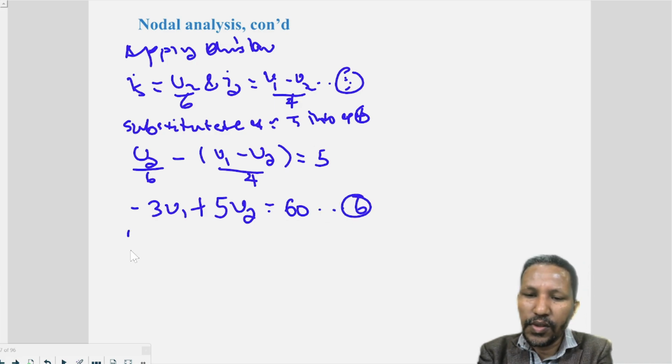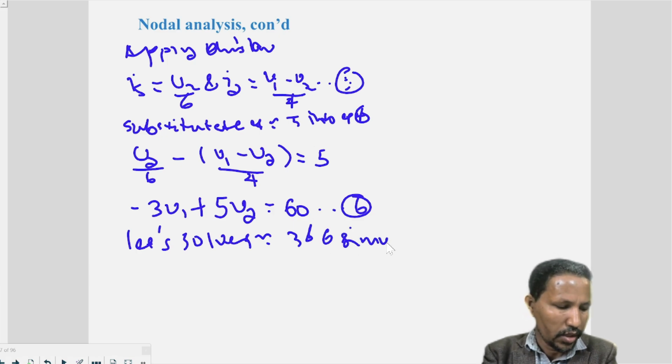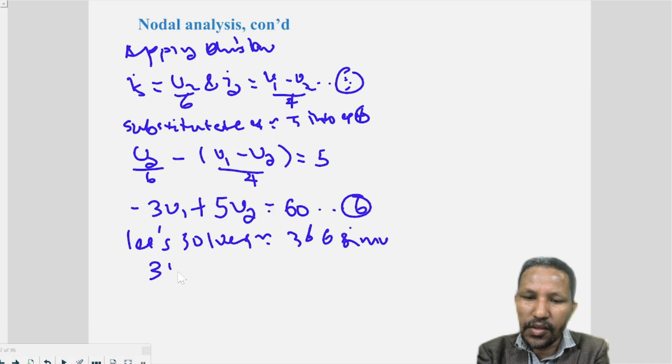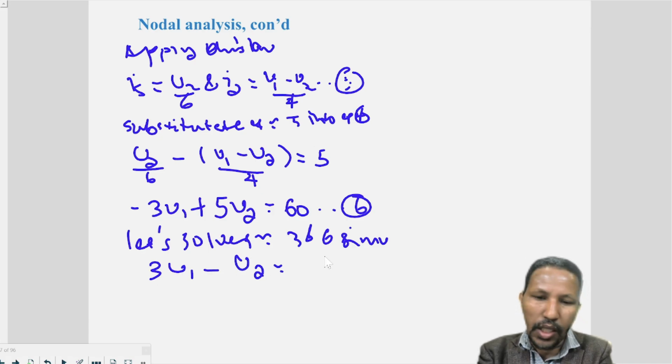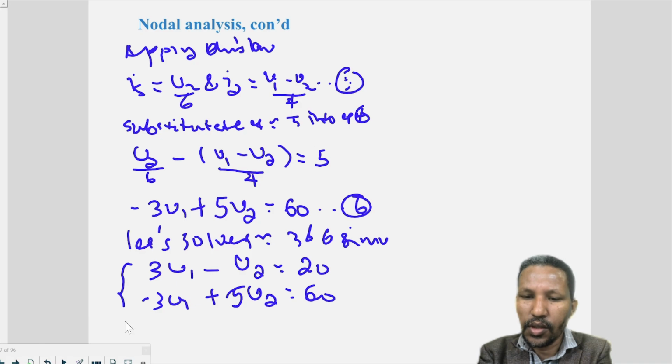Then let's solve equations 3 and 6 simultaneously. That means 3V1 minus V2 equals 20, and minus 3V1 plus 5V2 equals 60.